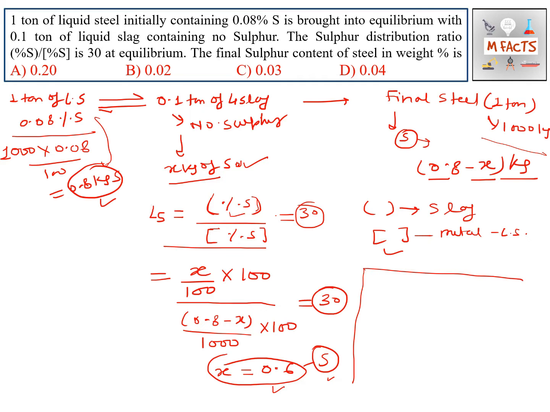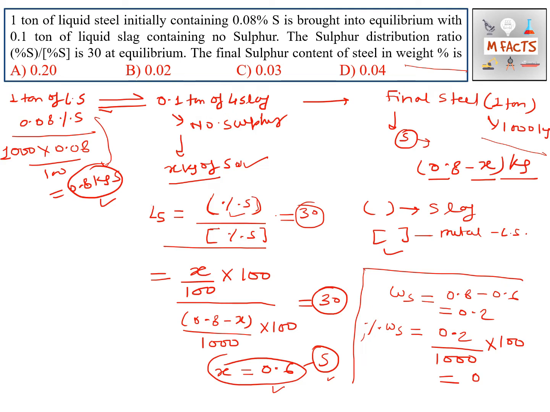The weight of sulfur in the final steel is 0.8 minus 0.6, that is 0.2 kg. In the question they asked for percentage, so we find the weight percent of sulfur in liquid steel: 0.2 divided by the weight of liquid steel, 1000, and for percentage we multiply by 100.